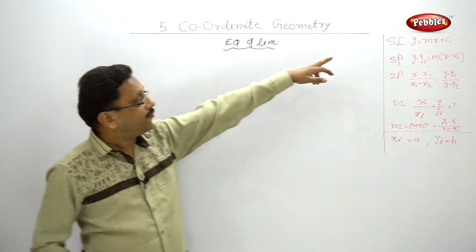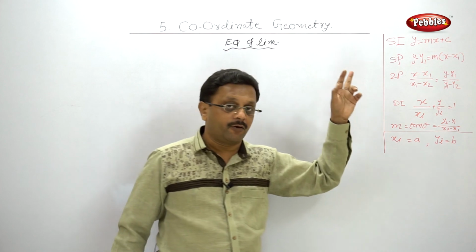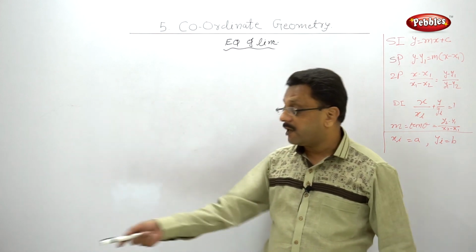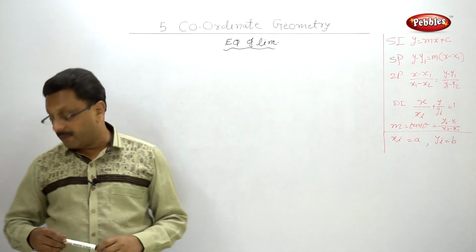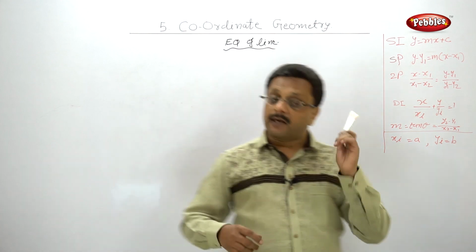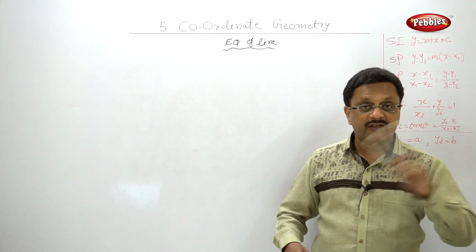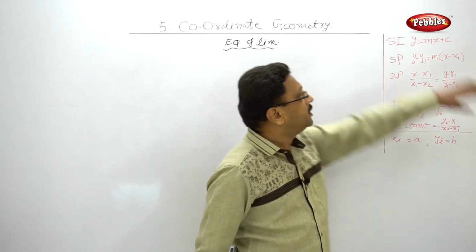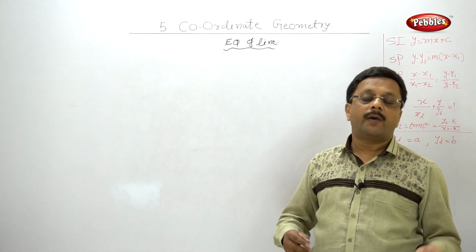That is our first form, the slope-intercept form. Now, here they have said to write the following equation in y is equal to mx plus c form. But they may say to write the equation in the slope-intercept form. If they say the slope-intercept form, it means this form. And find out the slope and y-intercept.